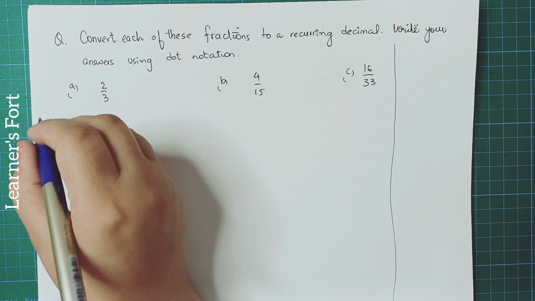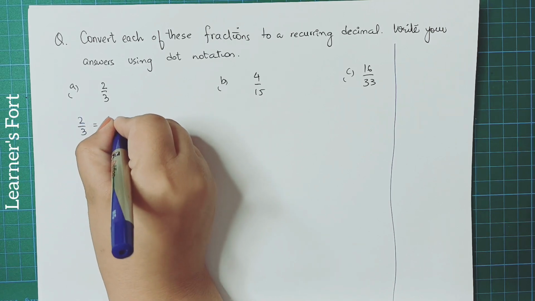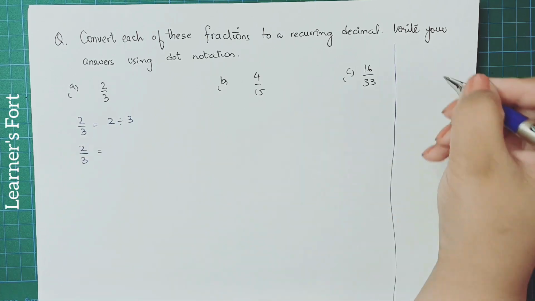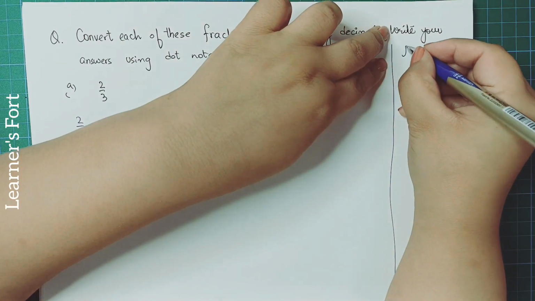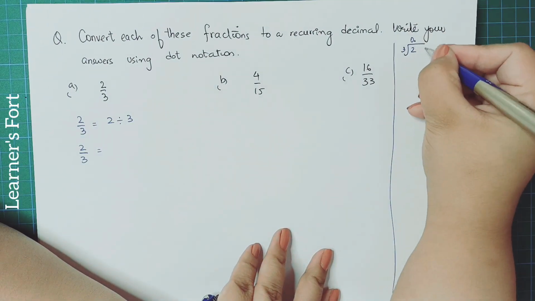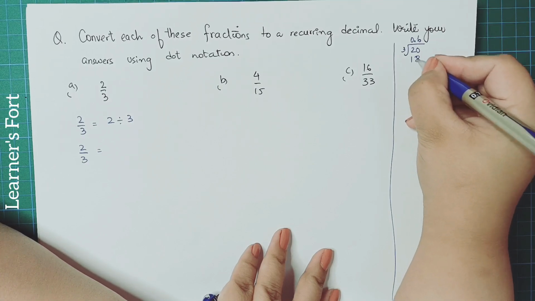So first we have 2 upon 3. So 2 upon 3 is equal to 2 divided by 3. So what answer will we be getting when we divide 2 by 3, right? So it's like 0.2, 0.6 is 18.